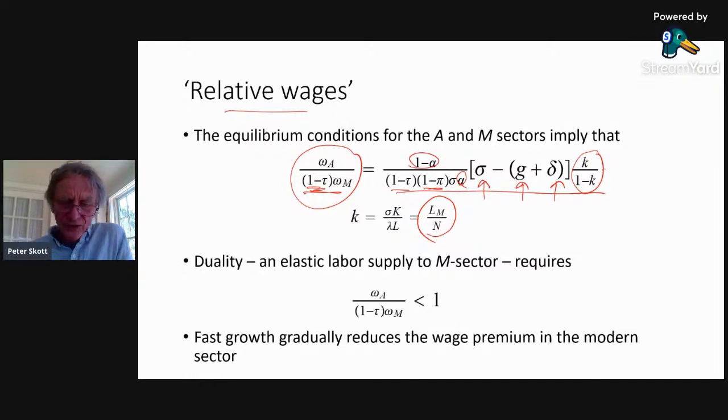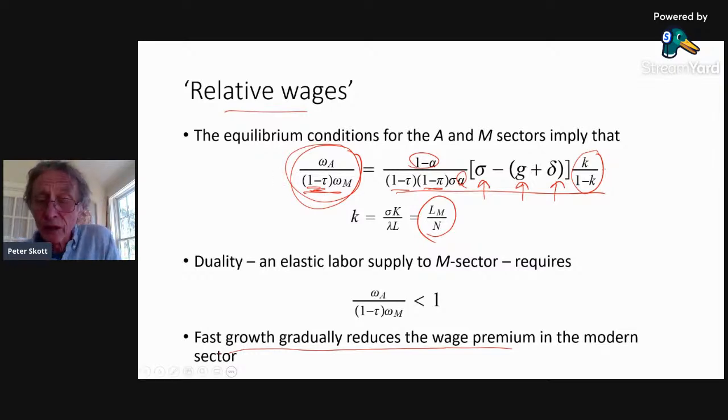So what this says is that as you develop, as you grow, then the wage premium, and this here is an inverse measure of the wage premium, the wage premium declines. You get relative wages in the formal sector going up. You get duality gradually being reduced. You get a move towards greater equality in terms of incomes across sectors.